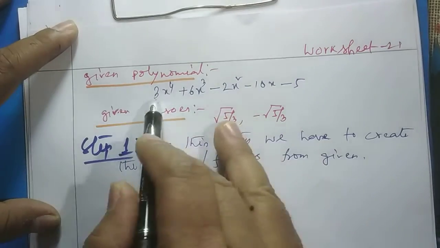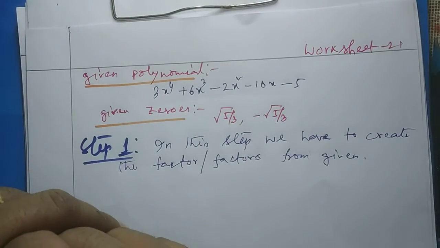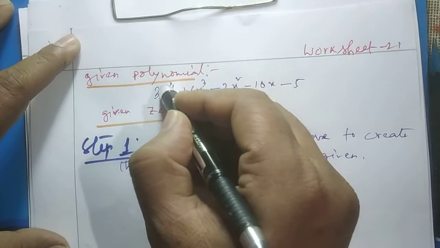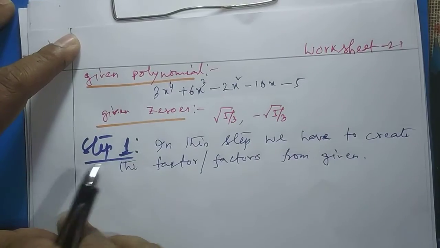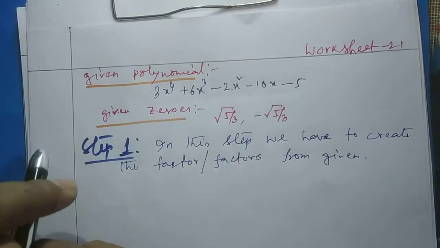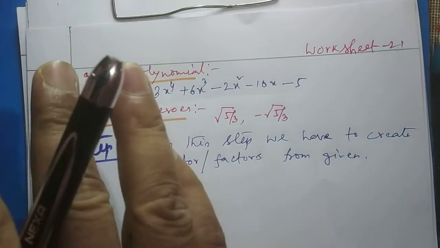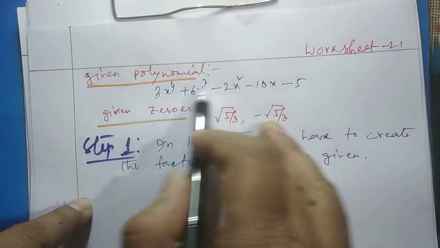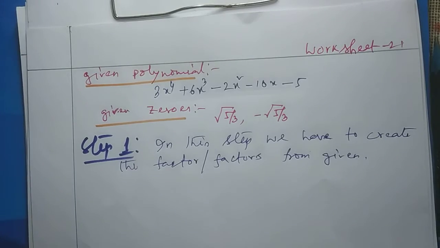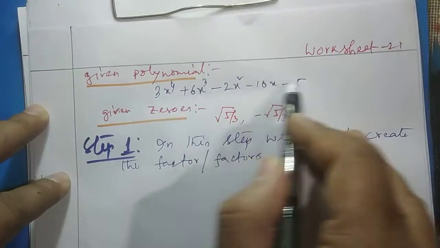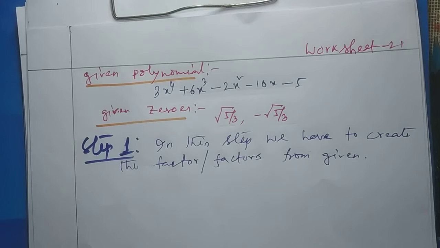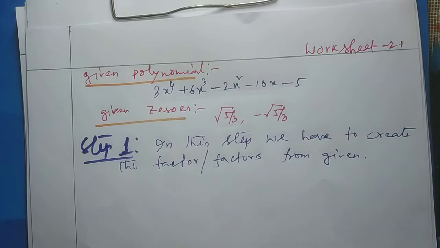Now we see it is a 4 degree polynomial because here the maximum power of x is 4. Since it is a 4 degree polynomial, it is confirmed it will have maximum 4 zeros. Correct? Among the 4 zeros already 2 are mentioned. Now from here, by any means we have to find out the remaining 2 zeros. That is our main target here.